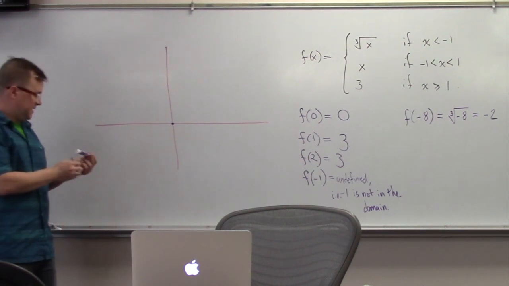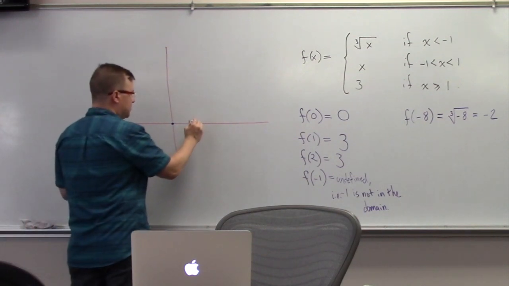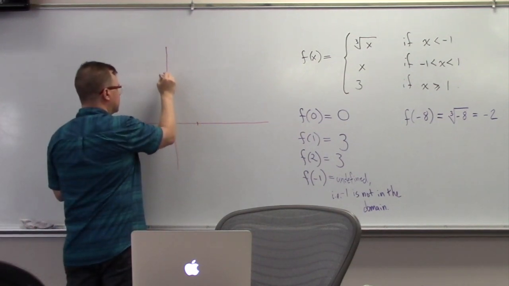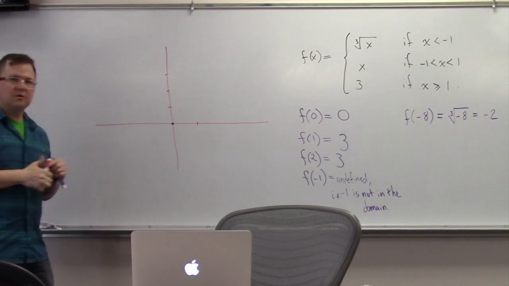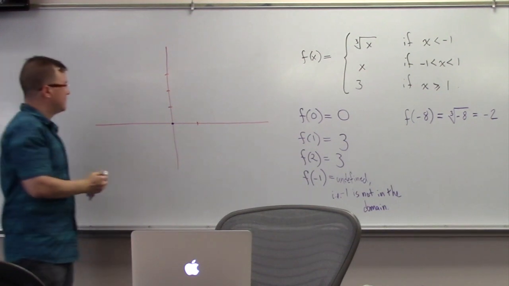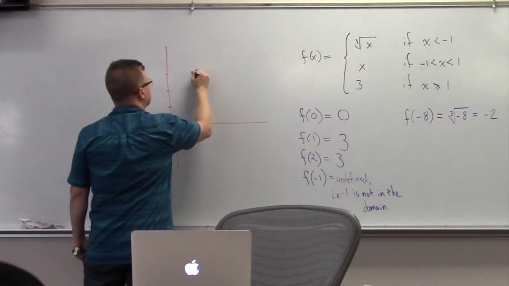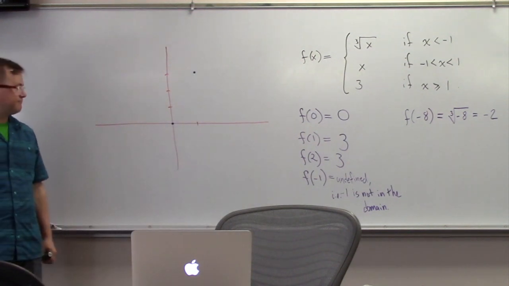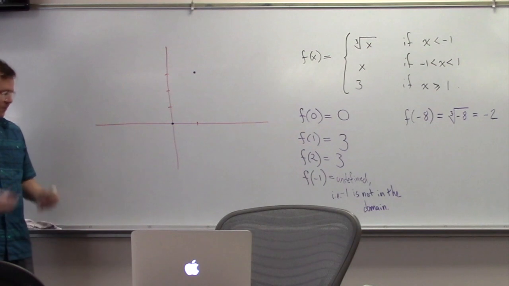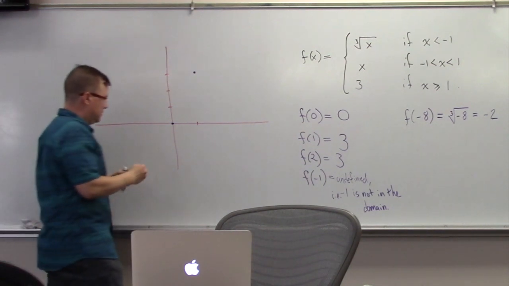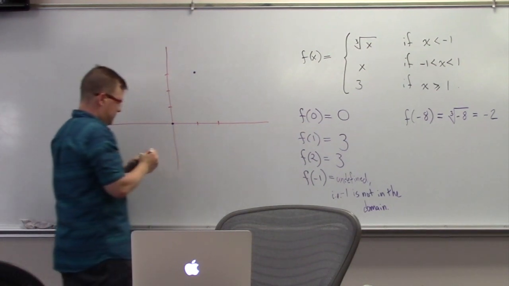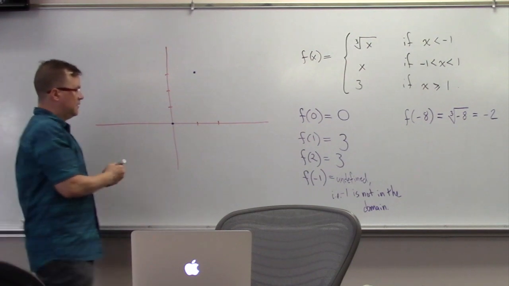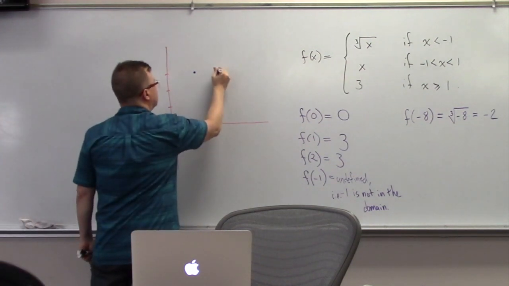I can also see that when x equals 1, y equals 3. This is also a point on the graph. And when x equals 2, again, y equals 3.